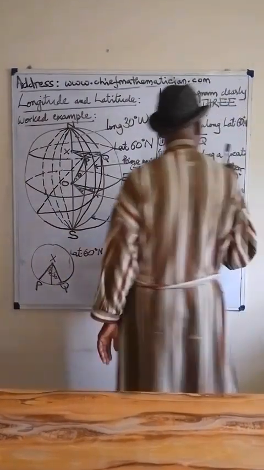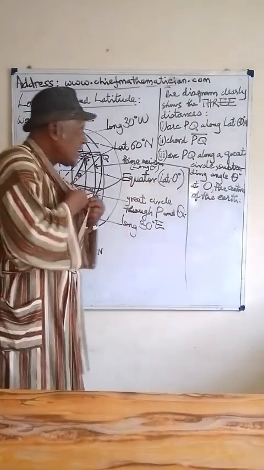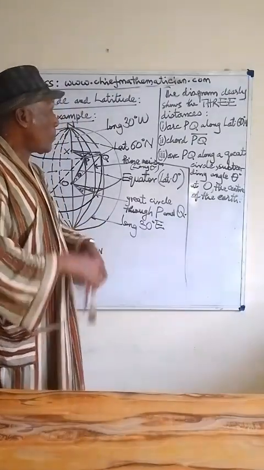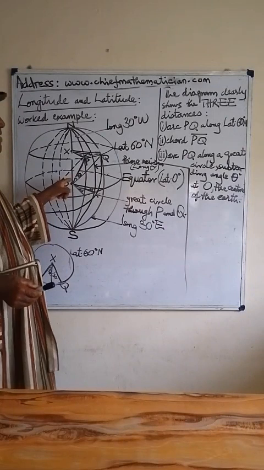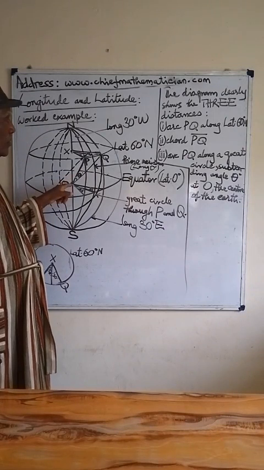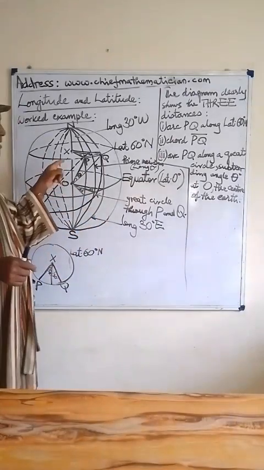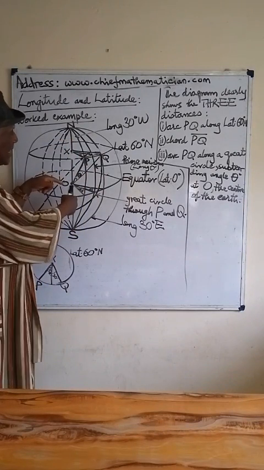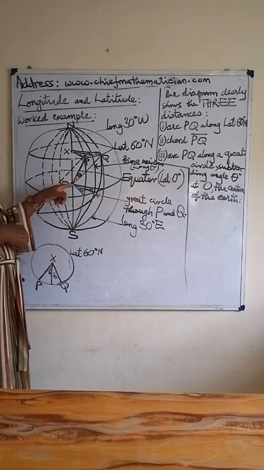You have arc PQ along a great circle, subtending angle theta degree at the center at O, the center of the earth. Please take note that arc PQ subtends angle theta degree at the center of the earth.